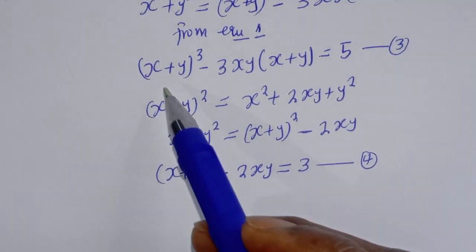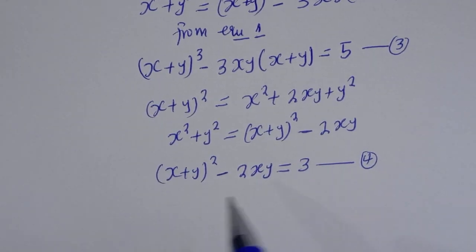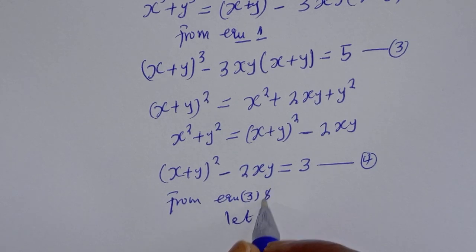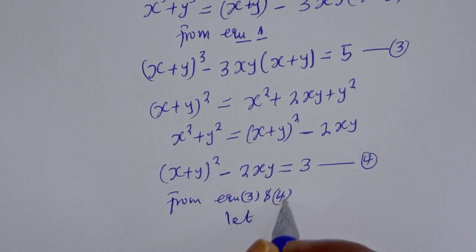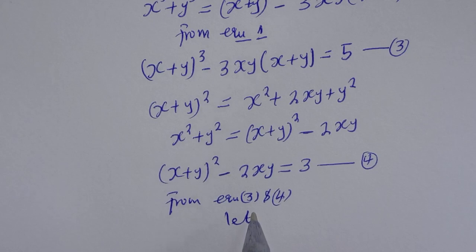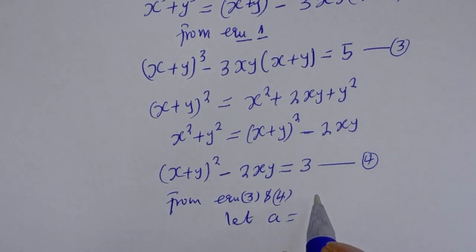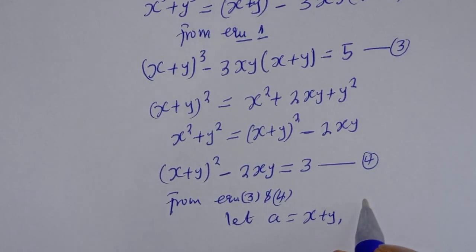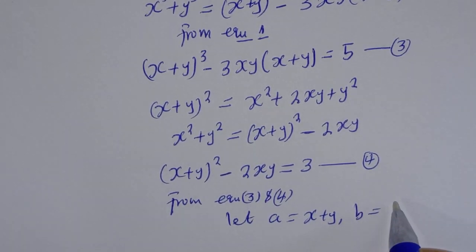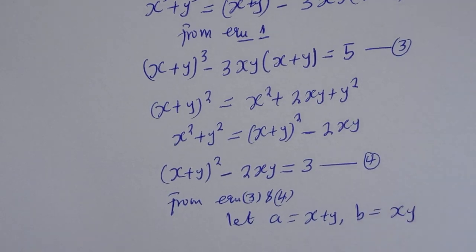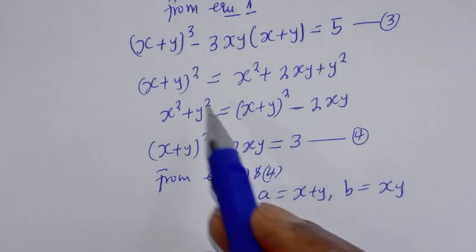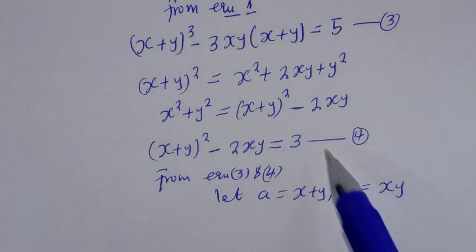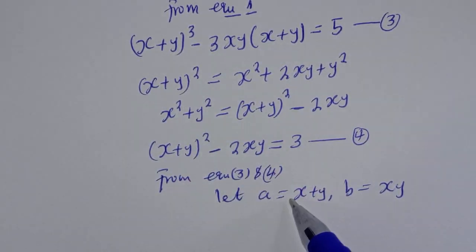Then we can now work on this equation 3 and equation 4. From equation 3 and 4, we say let A is equal to x plus y and B is equal to xy. Then from equation 3, anywhere you see xy, you substitute B there. Then anywhere you see x plus y, you put A there.